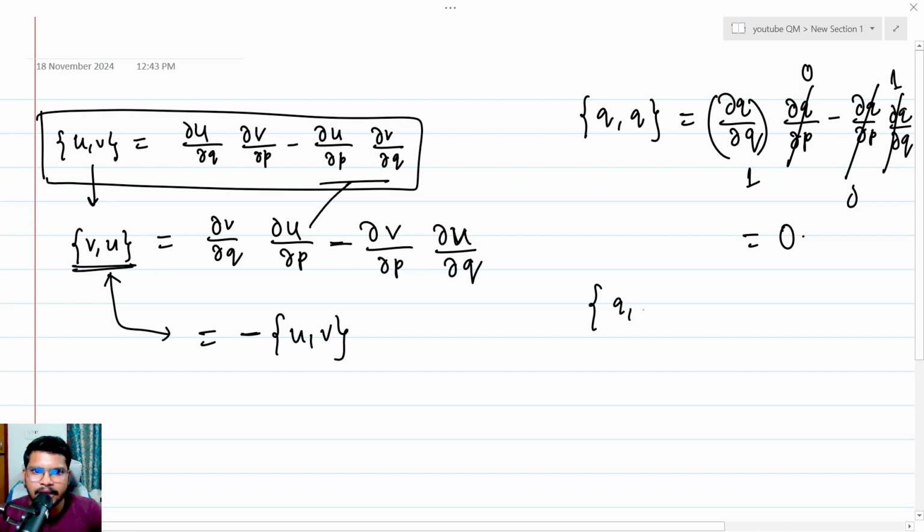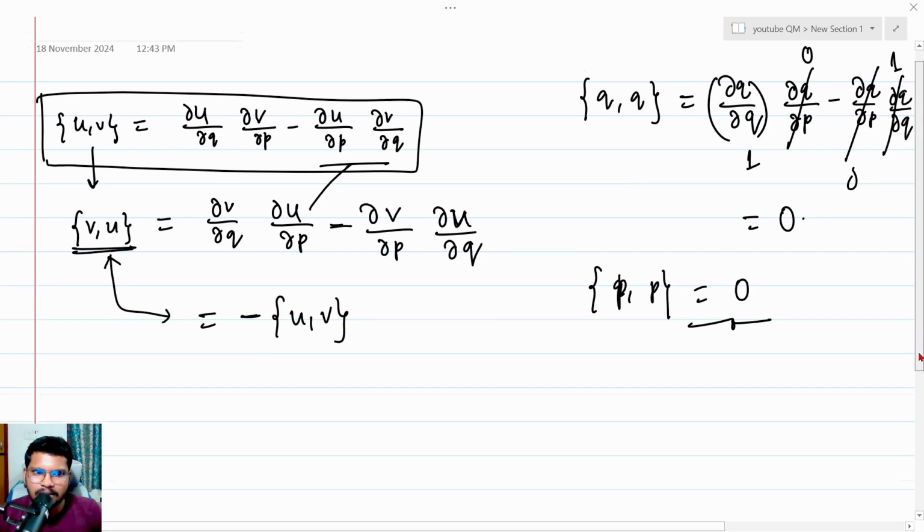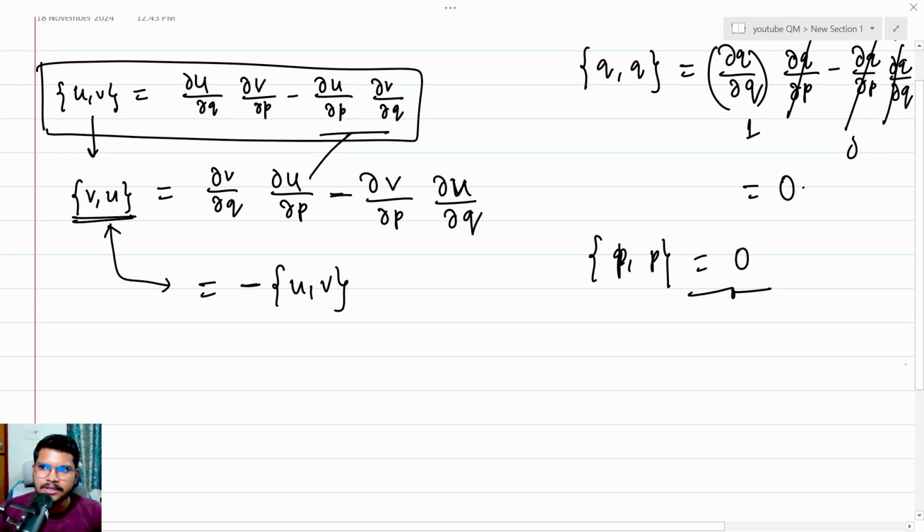I get the same thing if I write p and p. So any two quantities of the same kind, it vanishes. Whatever this quantity is going to be, the same quantity is also going to be there. So they are now commuting. I just say that when something vanishes, we say that it commutes.